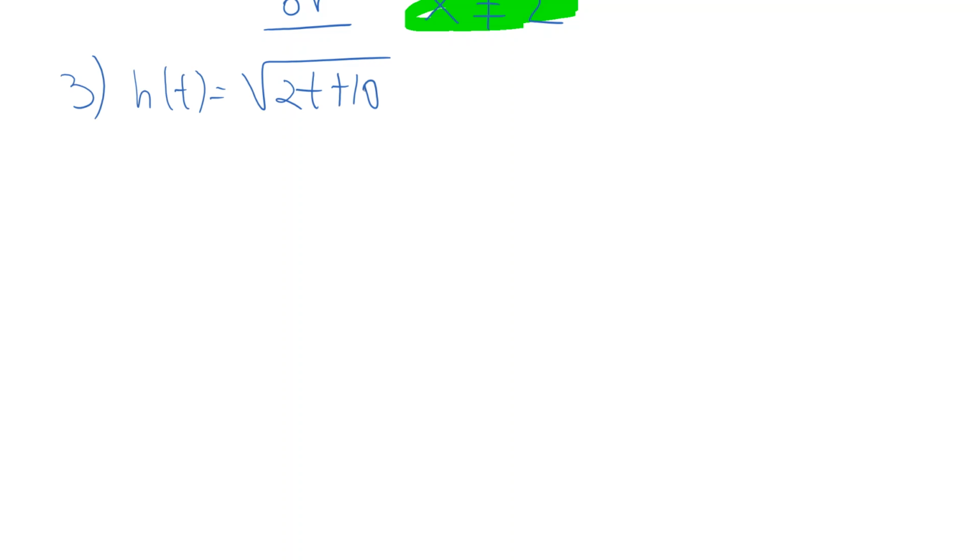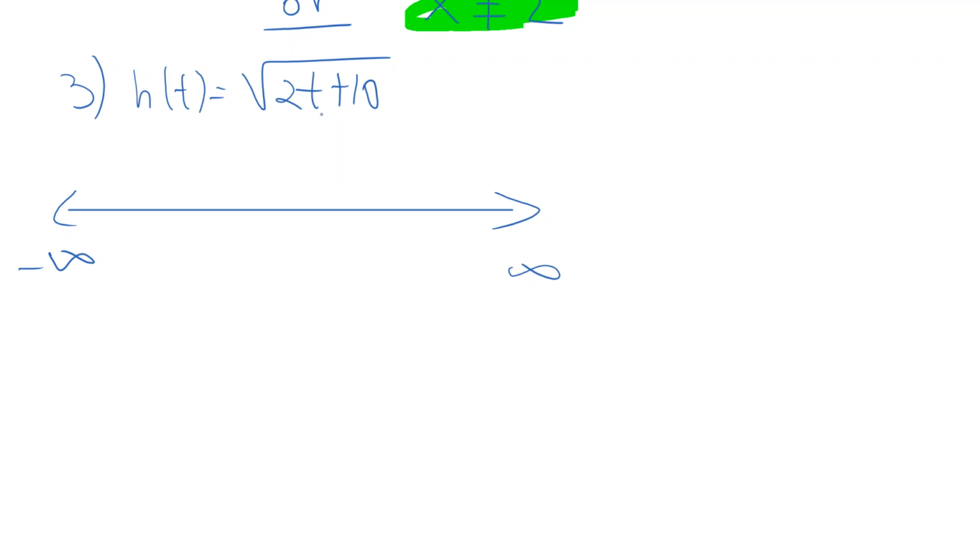So let's find the domain of h. So let's start with all real numbers, negative infinity to infinity. And then let's look at what inputs, t this time, will cause the result, square root of 2 times t plus 10, to be invalid.